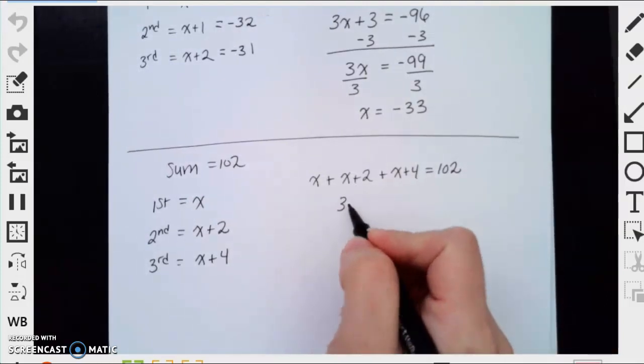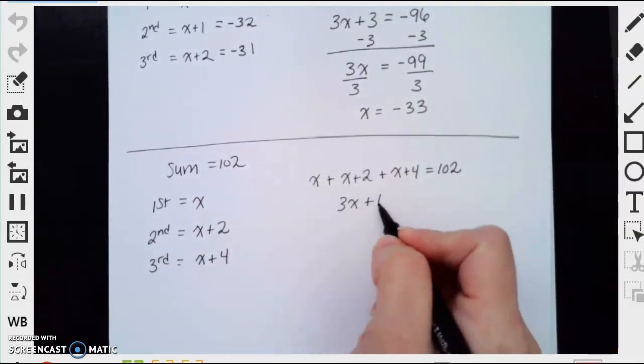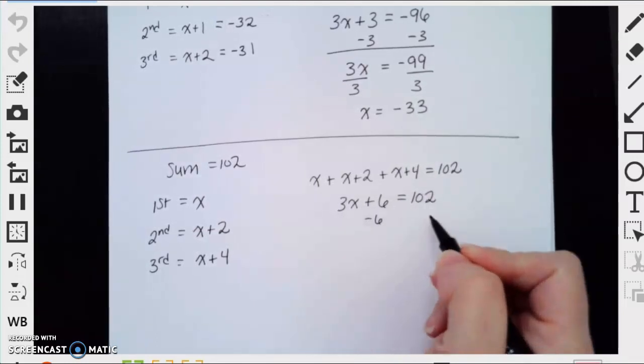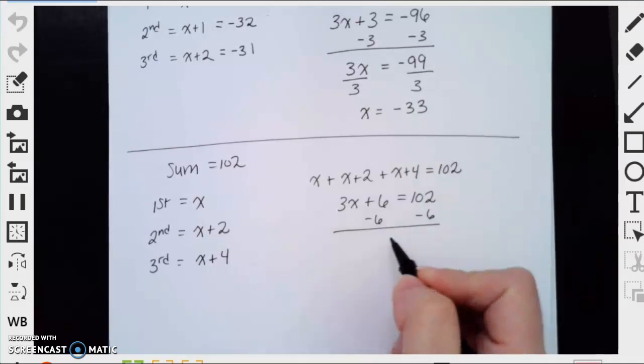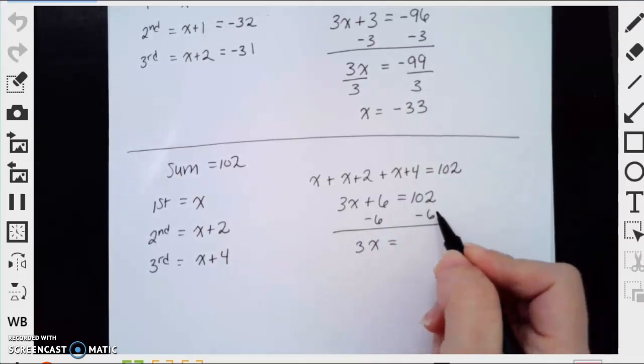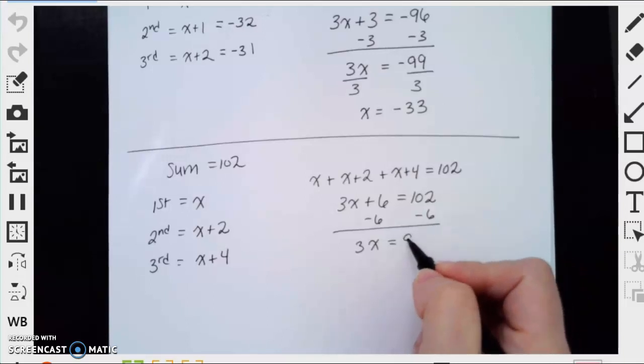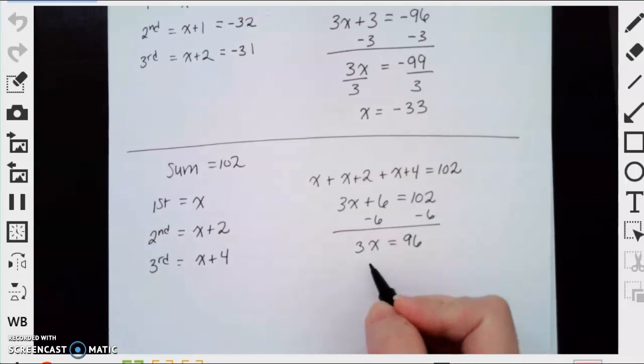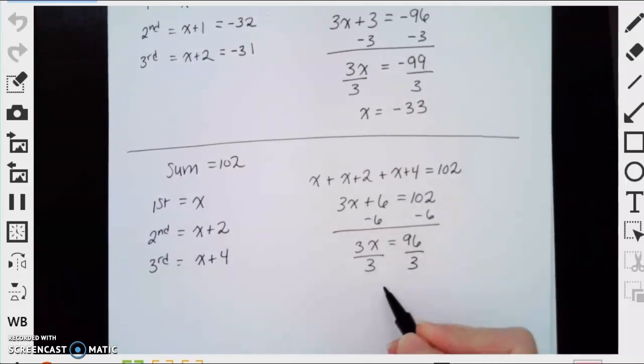Combining like terms, I have 3x plus 6 equals 102, and then begin to subtract. 3x equals, 102 minus 6 is going to give me 96, and then divide by 3 on both sides.